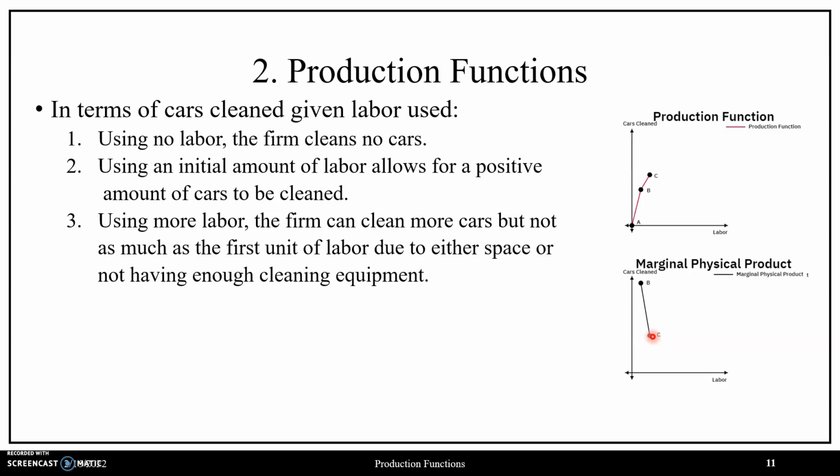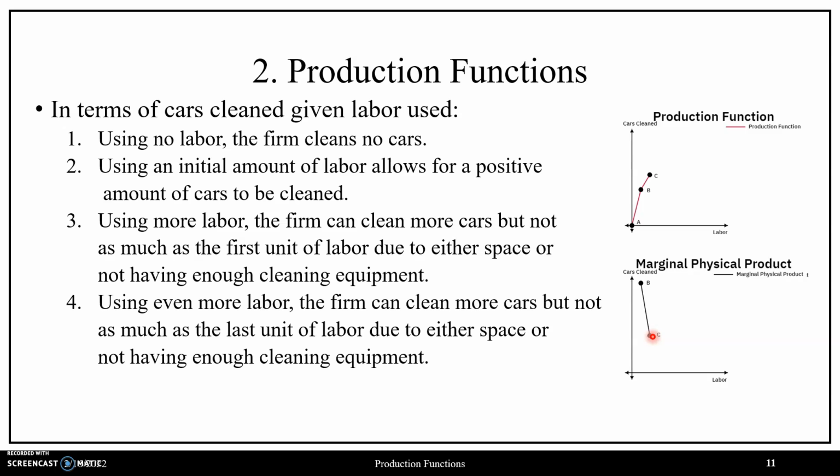So then this generates a downward sloping curve that we initially see here with our marginal physical product. And then if the firm decides to bring a third person on board, by using even more labor, the firm can clean additional amounts of cars, but not as much, since once again they are limited by either space or their cleaning equipment, since both are fixed.